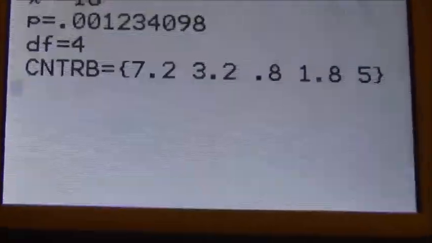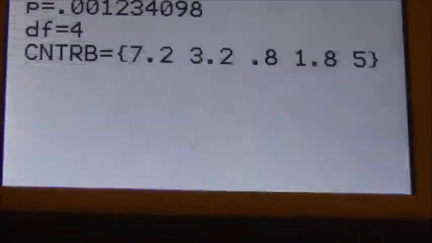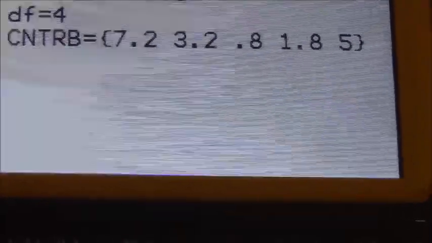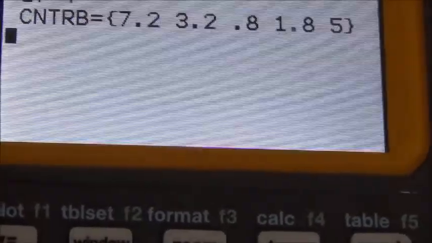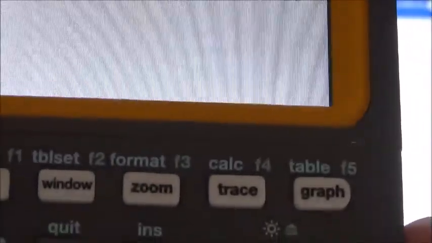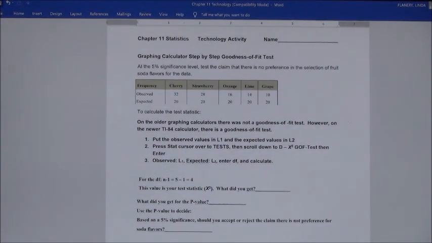Alrighty, so it asks us what chi-squared was and asks for our p-value, and then using the p-value we want to decide whether we should accept or reject the claim that there is not a preference for the soda flavors. When we look at our p-value, 0.0012 is less than our 5%, 0.05.